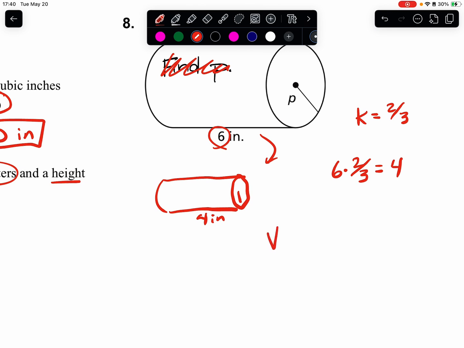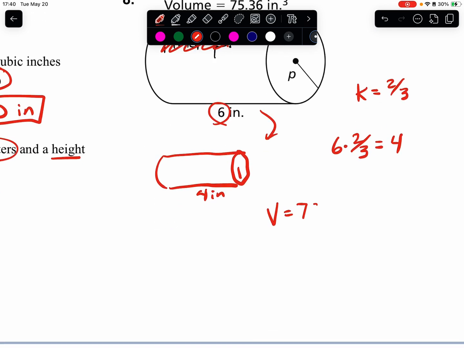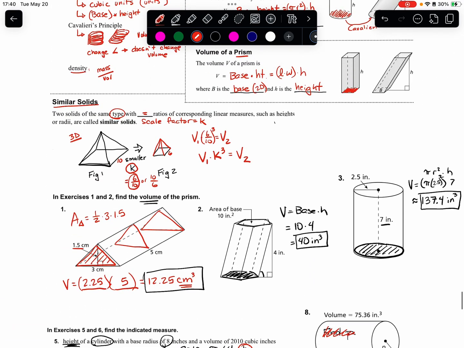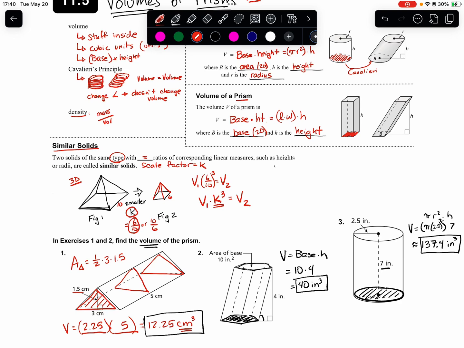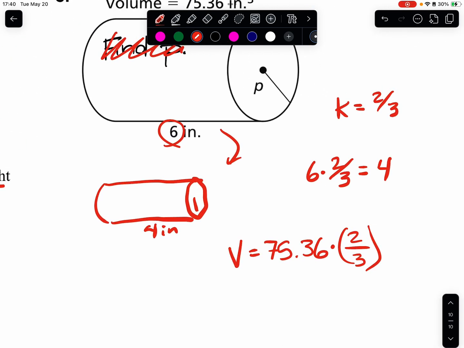What's my new volume? Here's the mistake kids make. Again, volume is 75.36. Multiply by 2/3. Whoa, hang on, we have to multiply the volume by k cubed to get the new volume, because this is a three-dimensional shape.